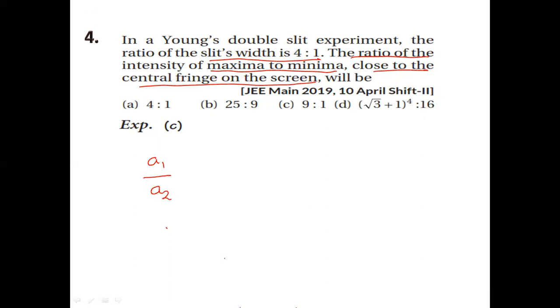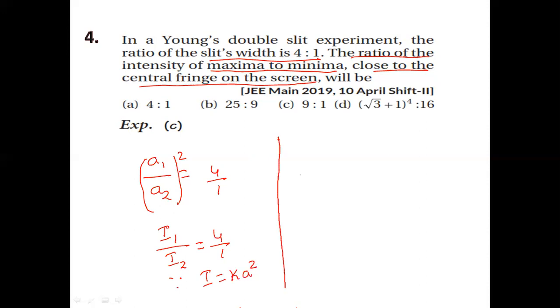A1 by A2 whole square is equal to 4 by 1. So that is intensity I1 by I2 is equal to 4 by 1, because intensity equals some constant into A square. So I max by I min.